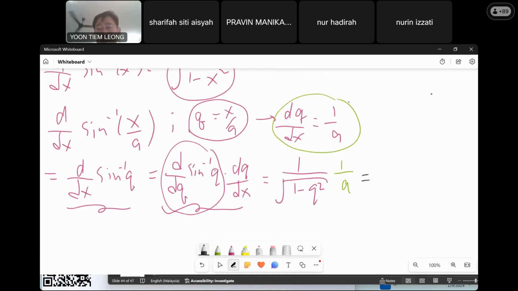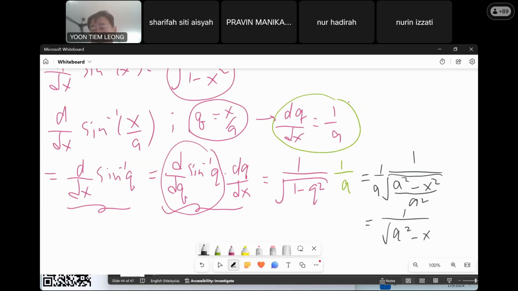When you do some simple algebra, q is x over a, so you have a squared minus x squared, and then you have a squared here, you have an a outside 1 over a. So after the simplifications, you find this equals 1 over square root of a squared minus x squared. Okay, so I think that should be correct.